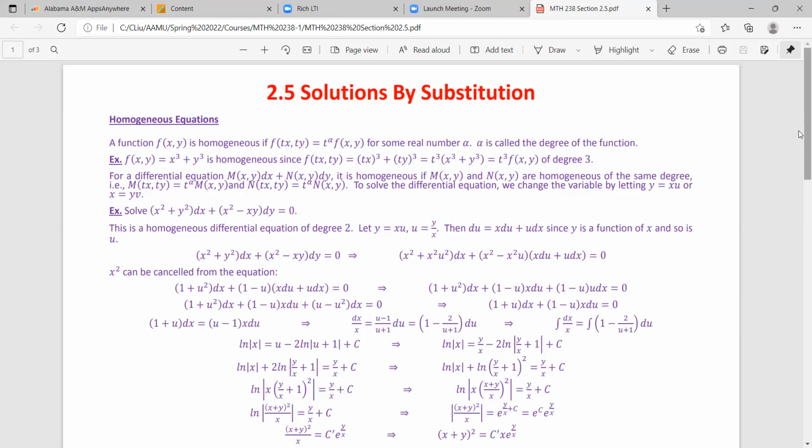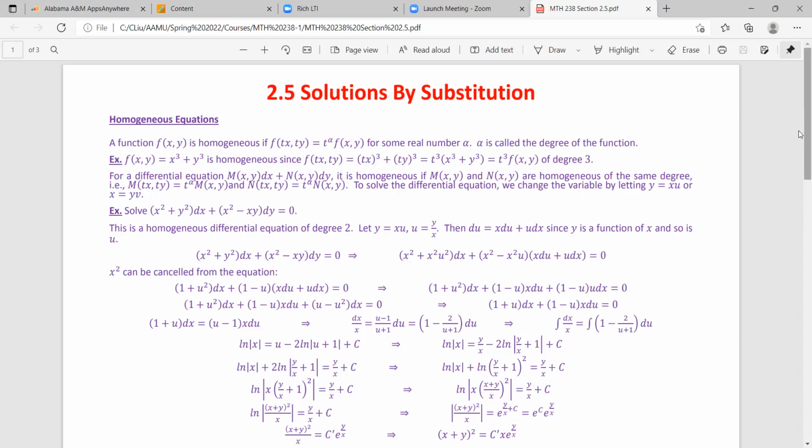Okay, and there are several other cases where we can solve first order differential equations, and we have different schemes to solve each case.